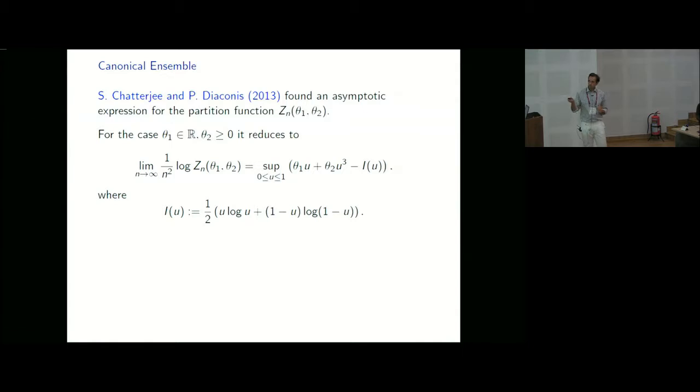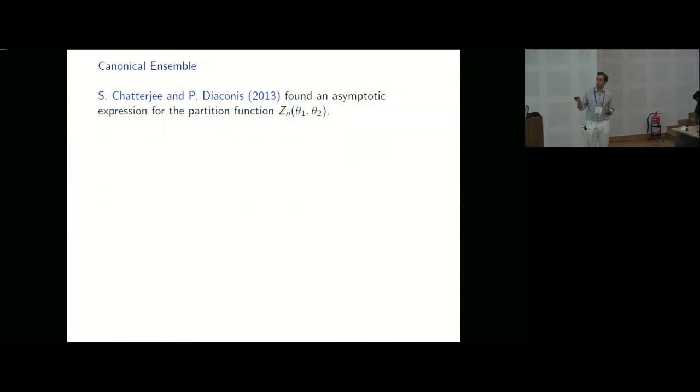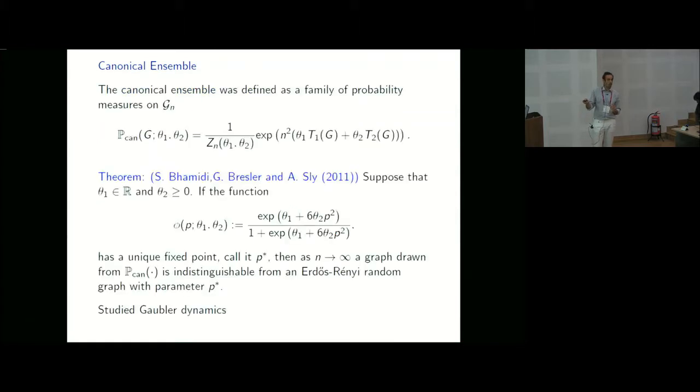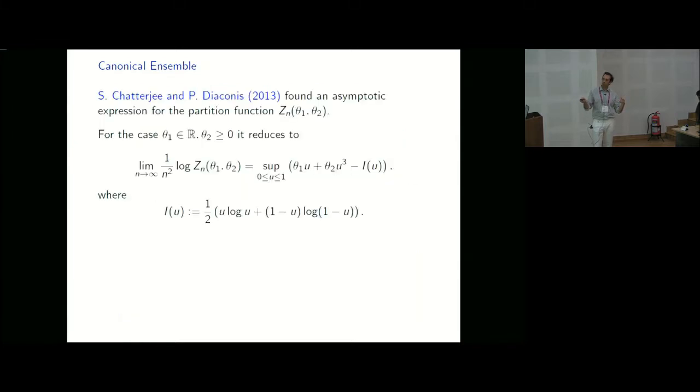From this, you can see that any solution of this variational formula has to be a fixed point of this function, because the fixed points of this function are just stationary points of this expression. And this function I, as we will see later, is given by this formula.